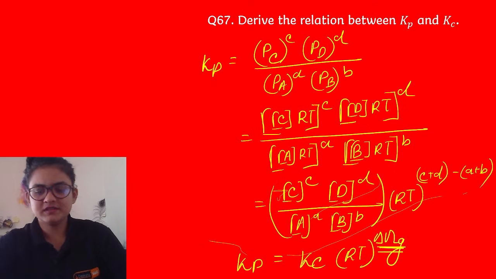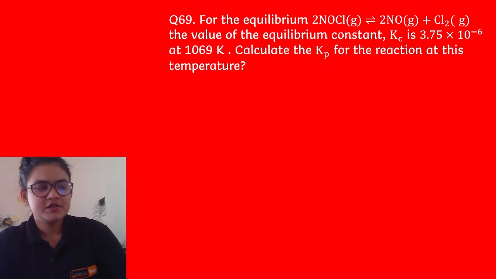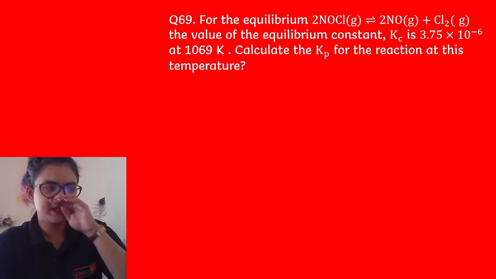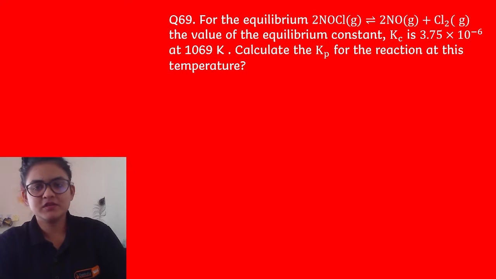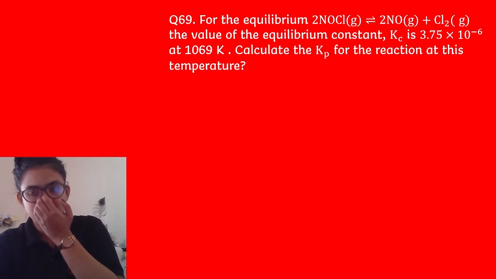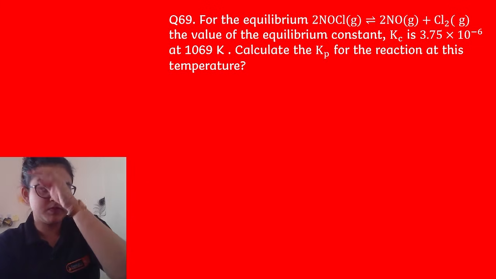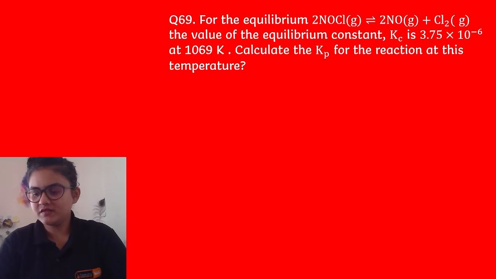Let's proceed further. Here comes one problem related to the same relation. For the equilibrium 2NOCl gives 2NO plus Cl2, the value of the equilibrium constant is given. Find out the Kp. From the relation itself we can calculate.